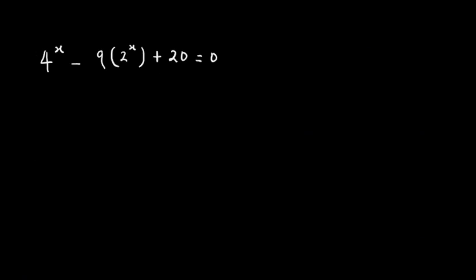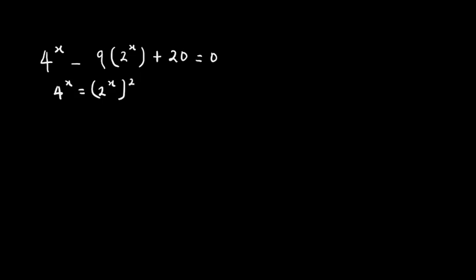Here is another problem. Feel free to pause the video and go ahead and solve this. Alright, you can see that we have 2 to the power of x in the equation, likewise 4 to the power of x, and we can rewrite 4 to the power of x as 2 to the power of x all squared.